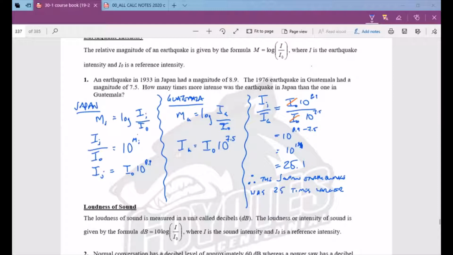But how you commonly are going to be looking at this is that I1 divided by I2, if we're comparing the intensity of two of these earthquakes, will come down to 10 to the M1 minus M2.